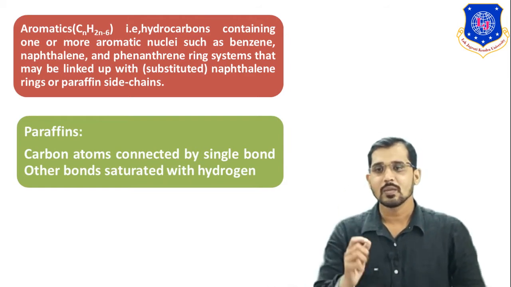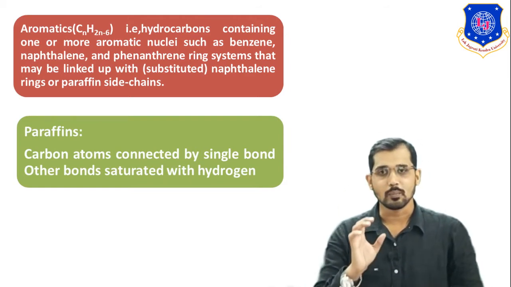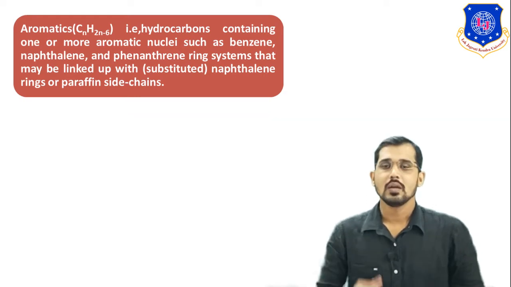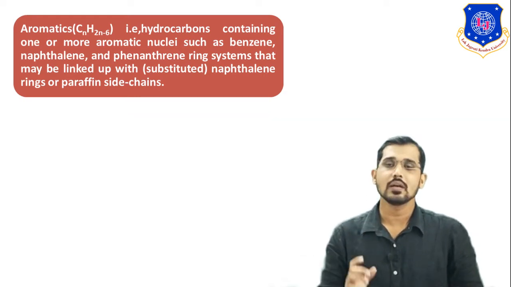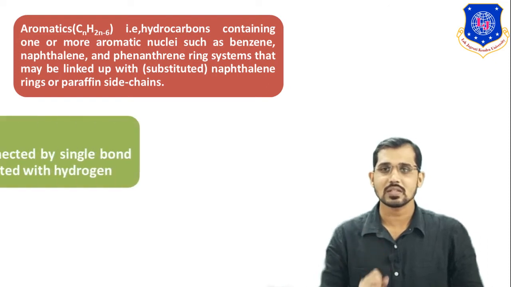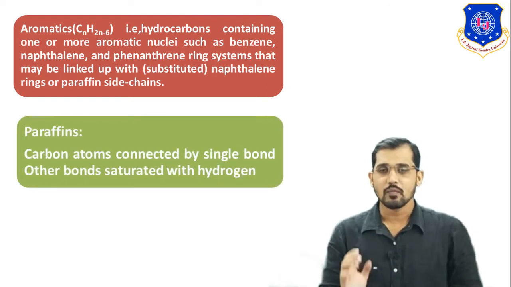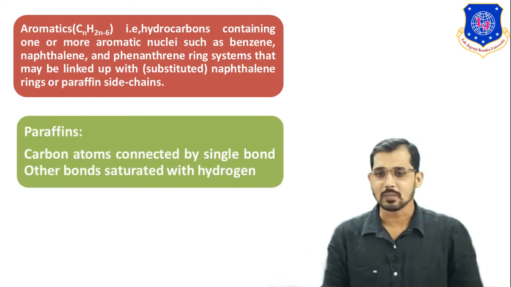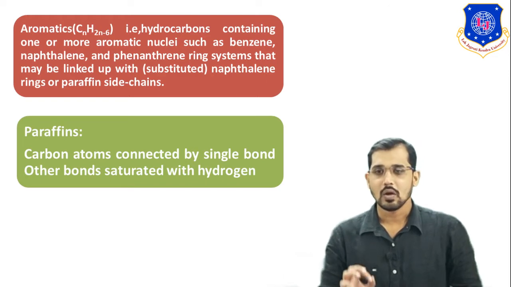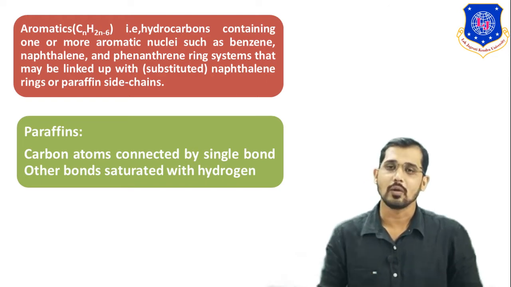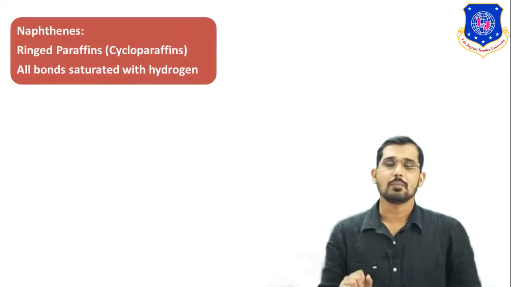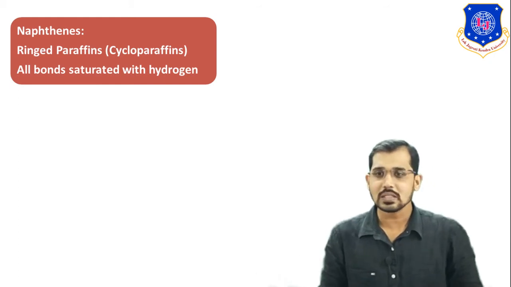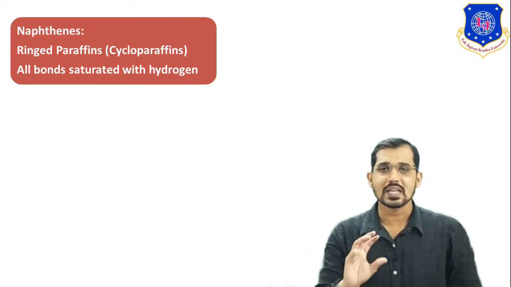Now we will see some important points related to the paraffins. You can see on the screen. According to paraffin, the first point is carbon atoms connected by a single bond. Other bonds are saturated with hydrogen. After that, naphthenes. The important point is ringed paraffin, or I can say cycloparaffin.